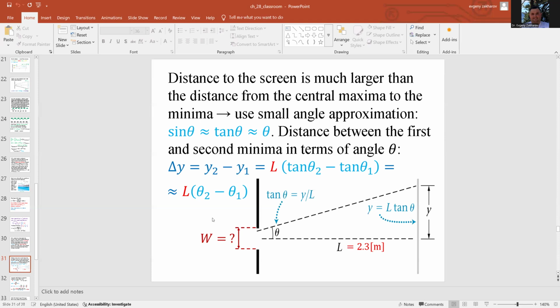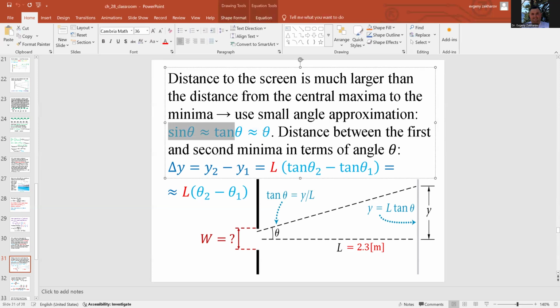After 15 degrees, you'll get a percent discrepancy that's going to be like, say, more than 10%, and that might actually affect the outcome. So this time, the distance between the slit and the screen is 2.3 meters, which is much, much larger than what you have for the screen distances. That's why it's the small angle approximation that you can use.